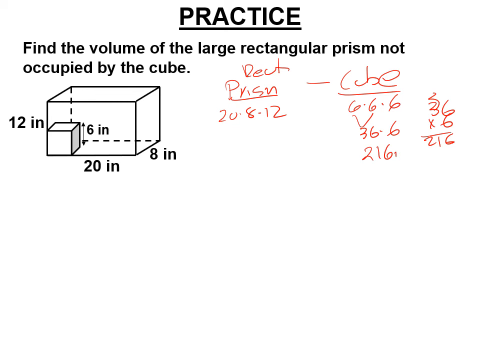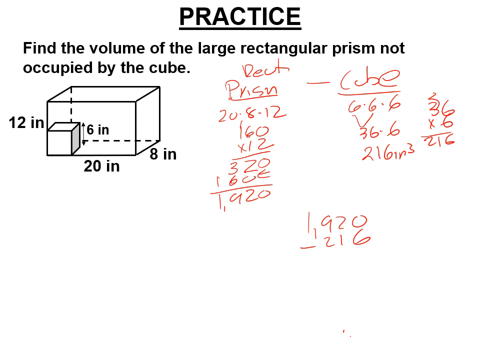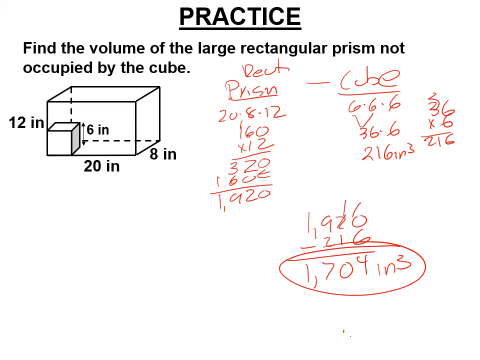So that's 216 cubic inches we're going to have to subtract. And let's see, 20 times 8 is 160, and 160 times 12 is 1,920, so I have to do 1,920 minus 216. Borrowing, and I'm getting 1,704 cubic inches for the rest of the space of that rectangular prism.